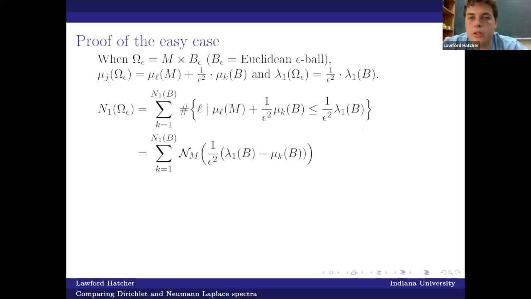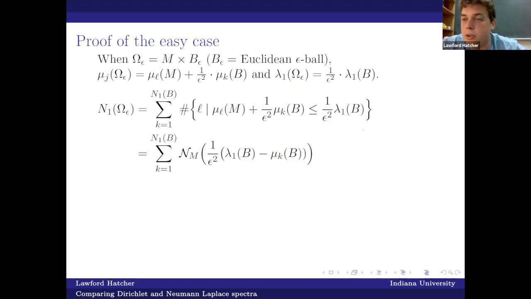So first of all, when epsilon is sufficiently small, if mu k of the ball is larger than lambda 1 of the ball, then we don't get the inequality we want. We don't get mu j less than lambda 1. So we can count this term by term with respect to this parameter k. And the terms with k larger than N1 of the Euclidean unit ball are going to give us 0.